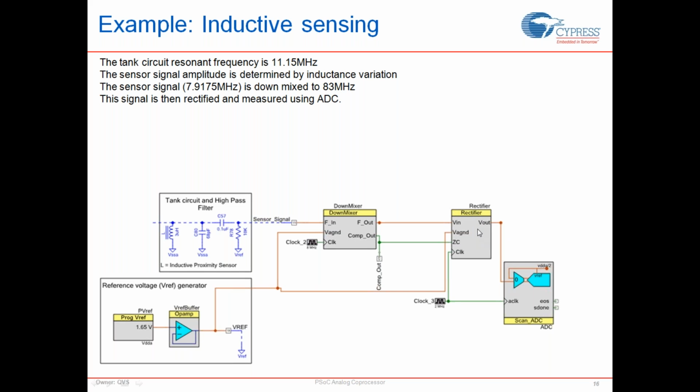So the rectifier is configured in such a way that the gain of the UAB is determined by a modulation signal, which is coming from the comparator's output. So now you have the sine wave output coming out of the F out going into the rectifier. You also have the comparator's output going into the zero crossing input of the rectifier.